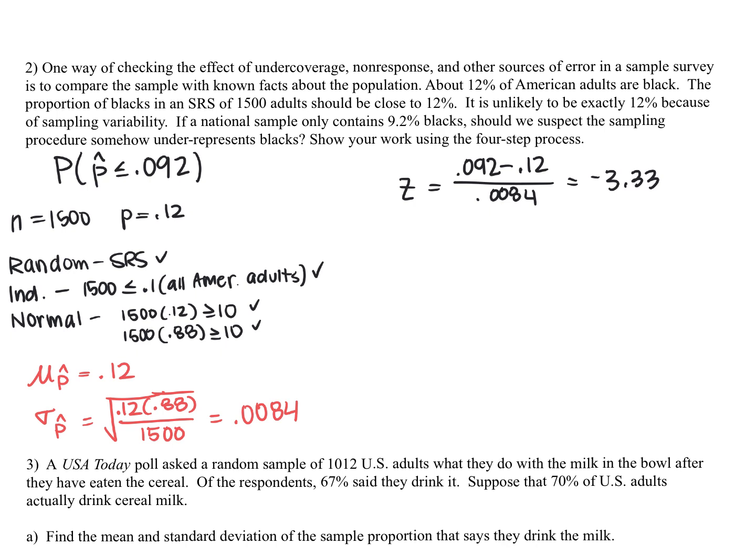So now I'm going to go to normal CDF. Because we're checking less than, my lower bound is going to be negative 1 E99. My upper bound is going to be negative 3.33, mean of 0, standard deviation of 1. And we should get 0.0004 as our probability.